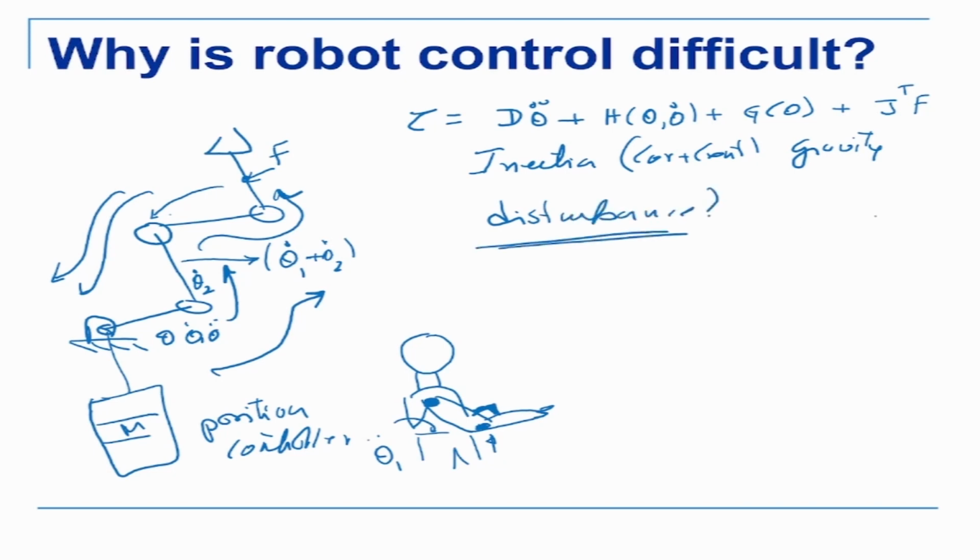What is the disturbance doing? It is trying to disturb what the position controller is trying to do. Whatever the position controller is trying to do, the dynamics of the system will tend to disturb it.